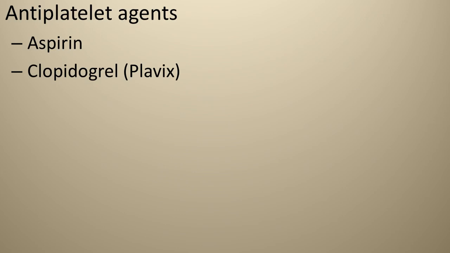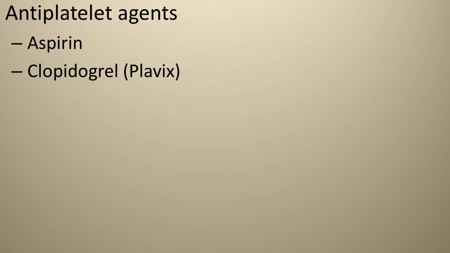Okay, so let's talk about medications, because again, they're a huge part of the patient's treatment of peripheral vascular disease, so let's go over some of these. Antiplatelet agents. We know the importance of aspirin.